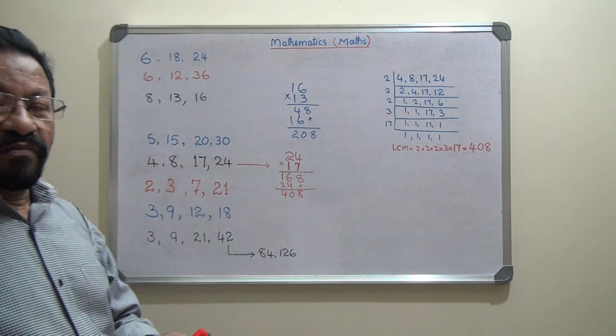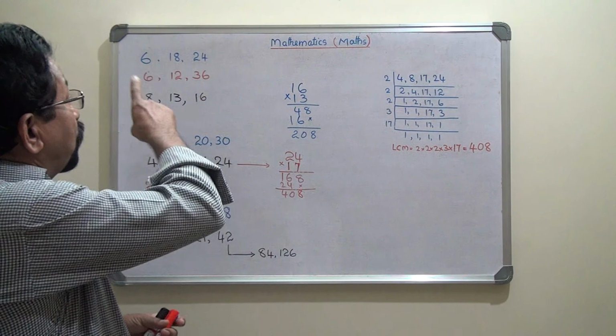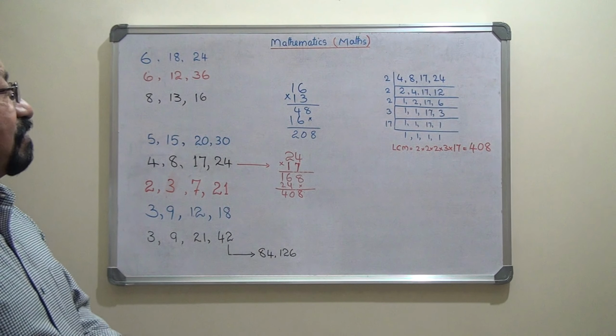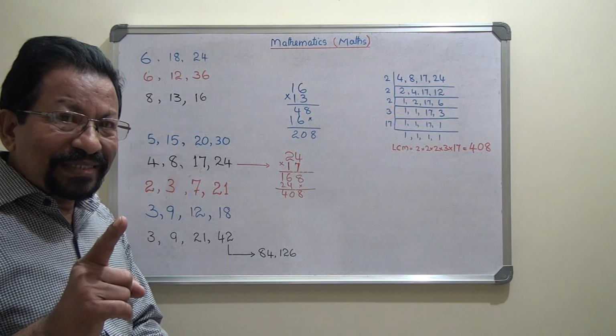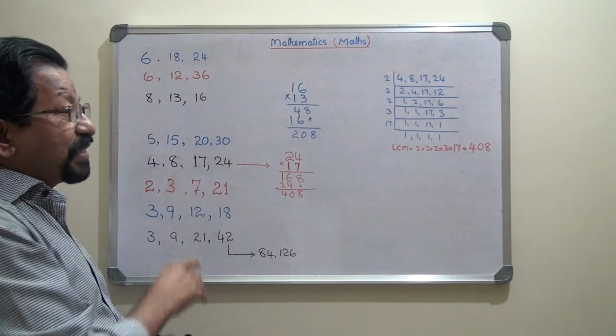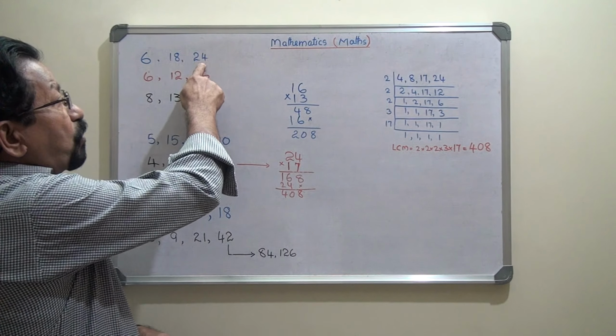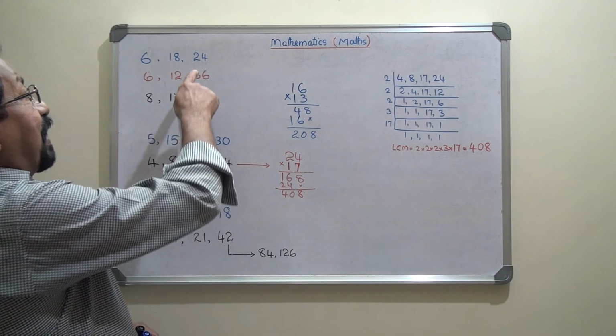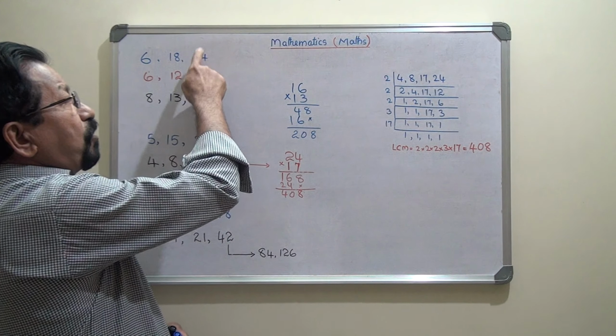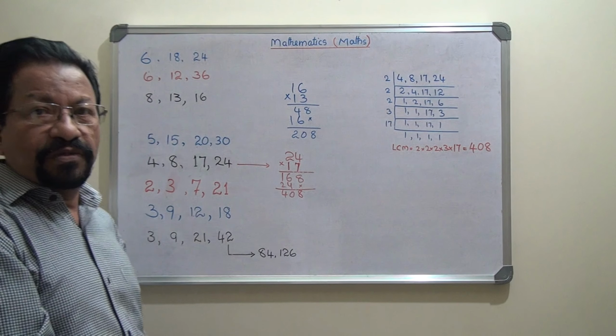So just look at the numbers 6, 18 and 24. As I told you, if there are 3 denominators, the LCM will be the highest number or a multiple of that. Easiest method. It means the LCM can be 24 or a multiple of 24.